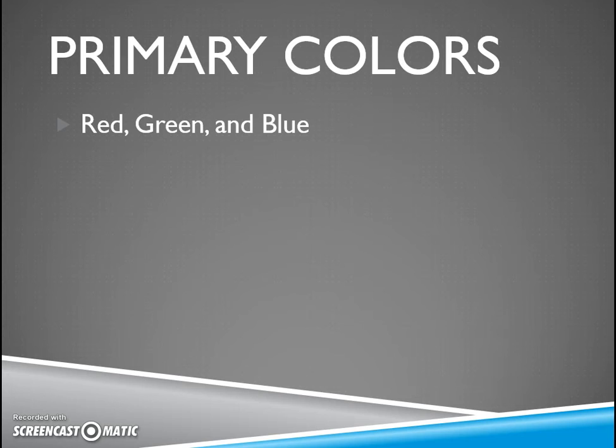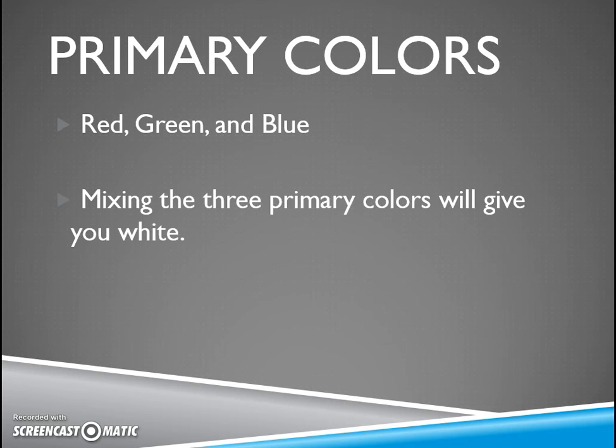And it shows you a number that coincides with how much red is put in, how much green is put in, and how much blue is put in to give you that color. So mixing the three primary colors will actually give you white. And I know that doesn't really make much sense, but we'll take a look at a couple of images that will kind of help clear that up.